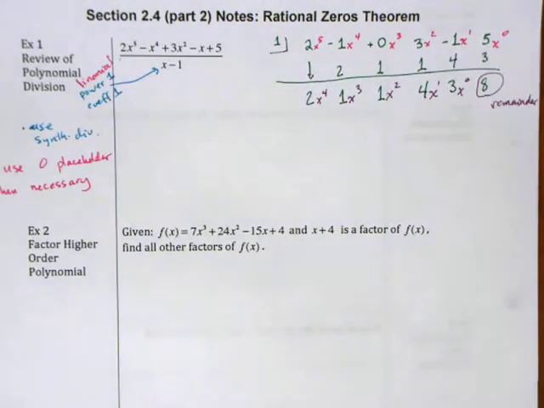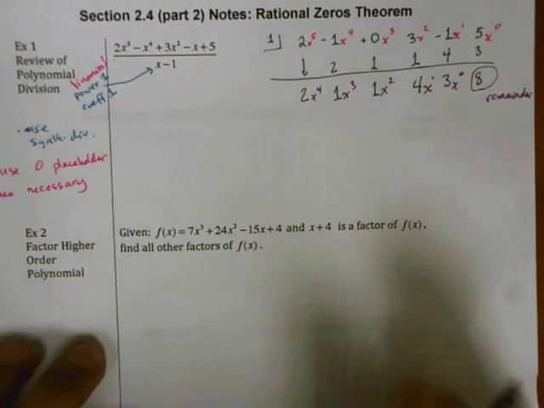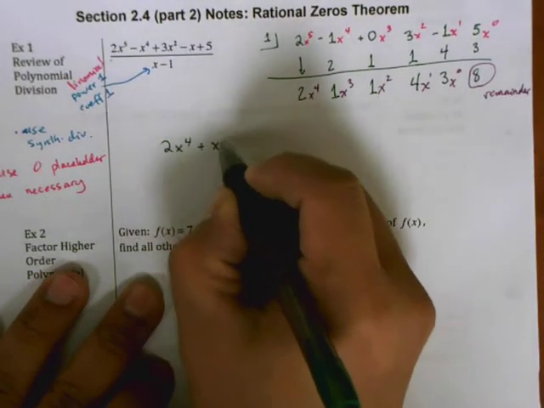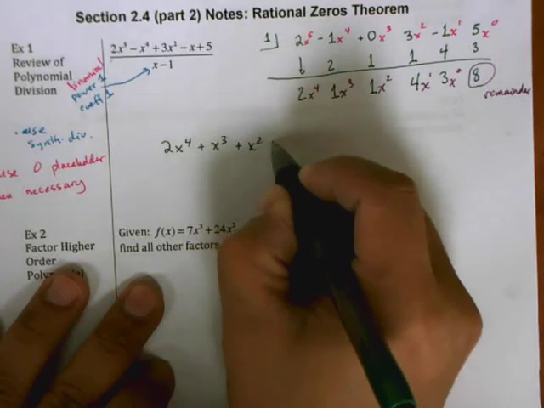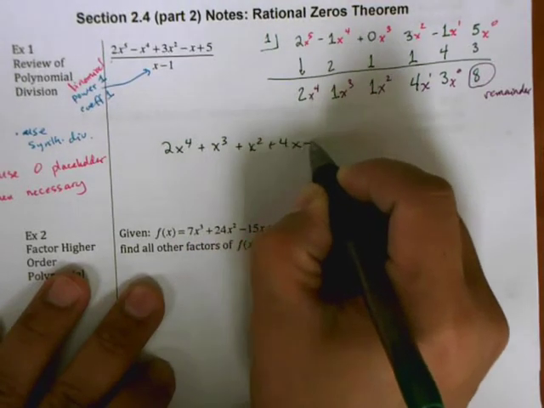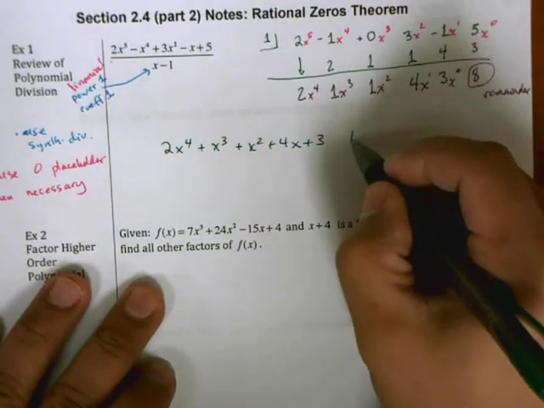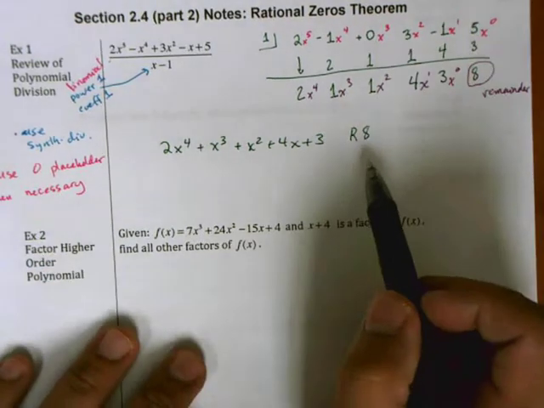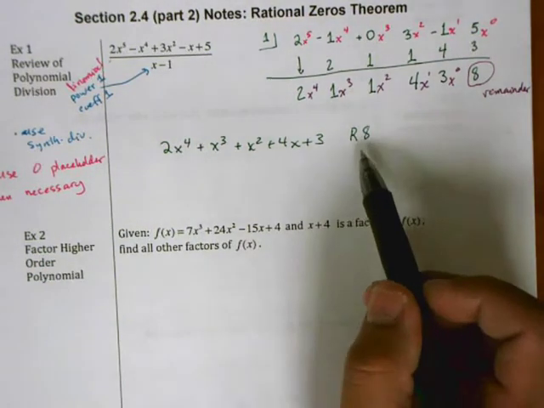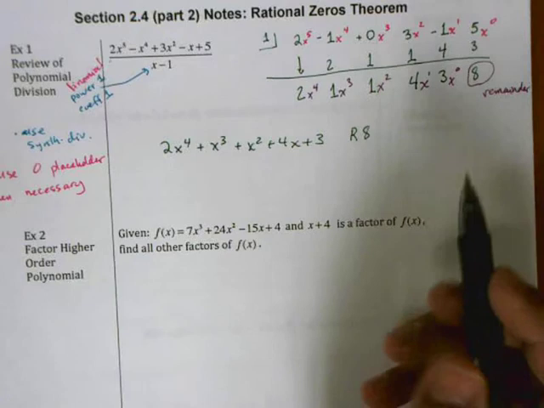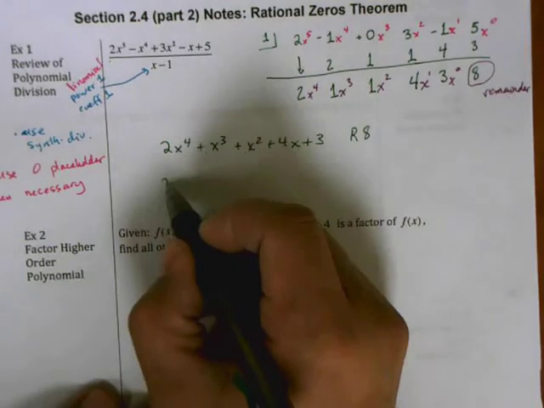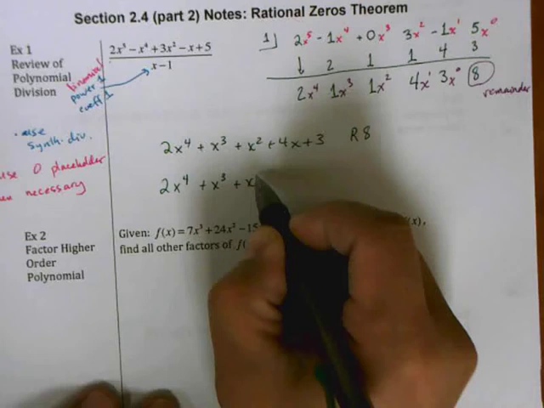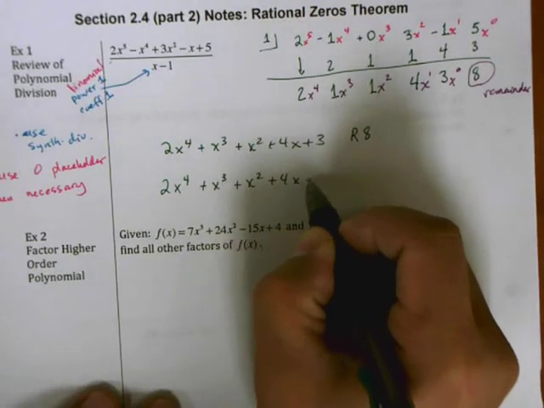Okay. So now our final answer is 2x to the fourth plus x to the third plus x squared plus 4x plus 3, remainder 8. Okay, and this isn't really something that's standard here, this R8. So what we usually do with the remainder is we just rewrite it with the divisor as a fraction. So let me show you better here what I mean.